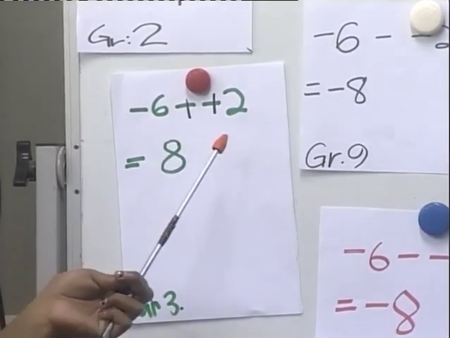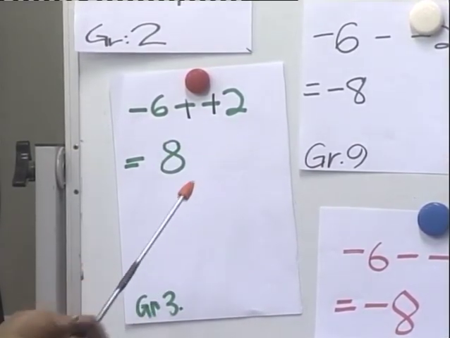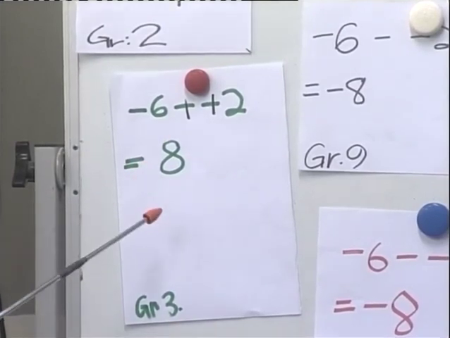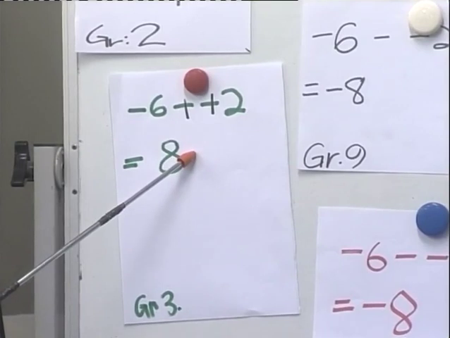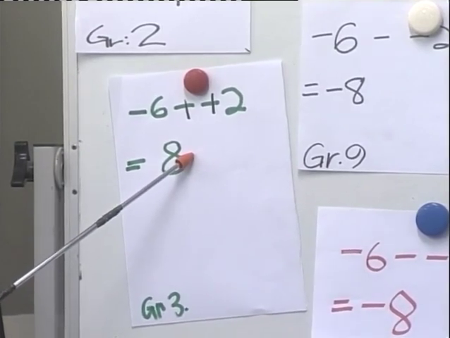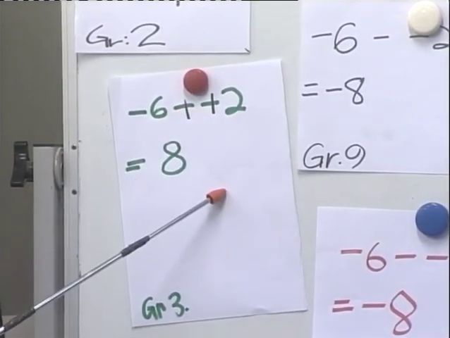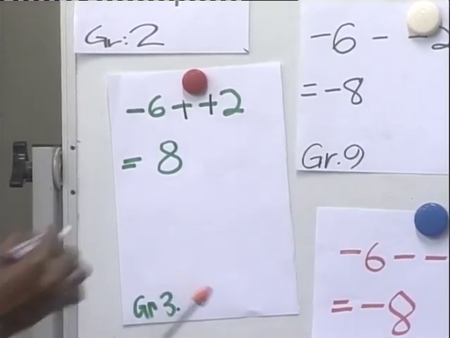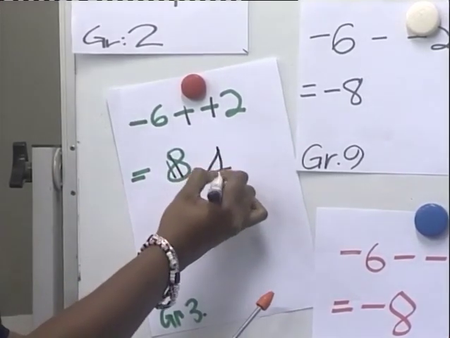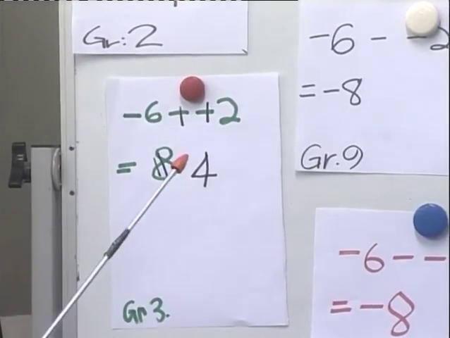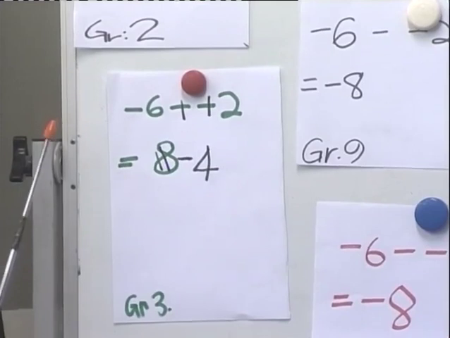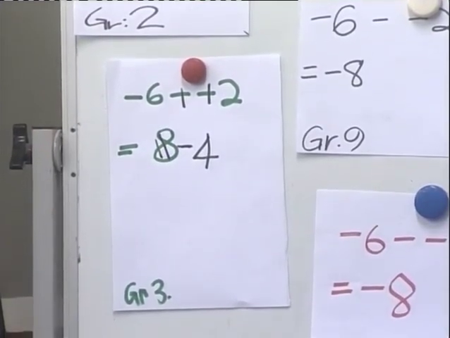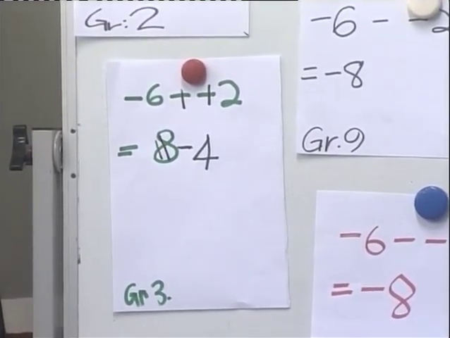Negative 6 plus positive 2. Now you are adding a negative and a positive number, so what will you do? Subtract. 6 take away 2 is 4. You get the sign of the larger number, so your answer will be negative 4, or minus 4. Okay?